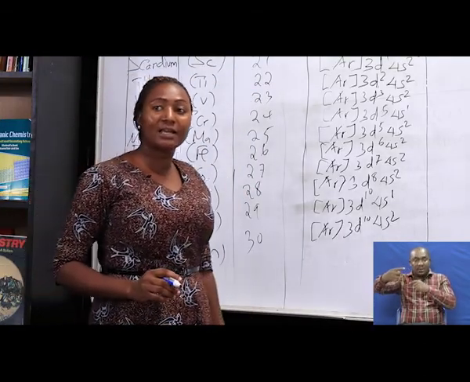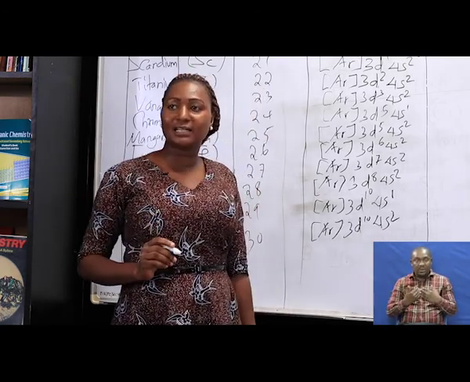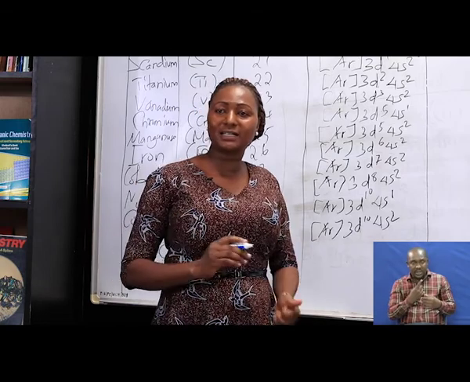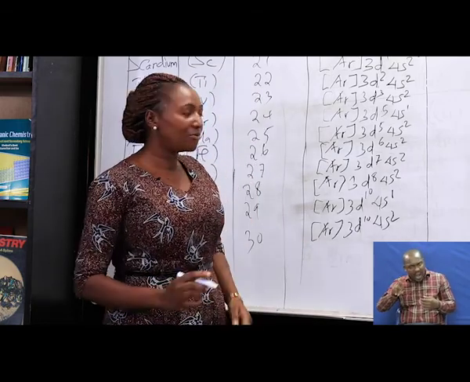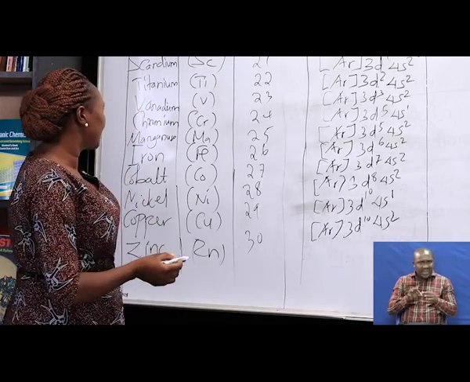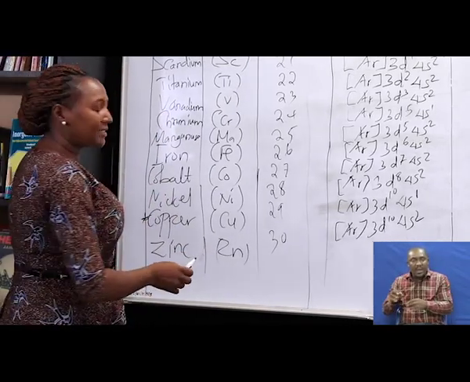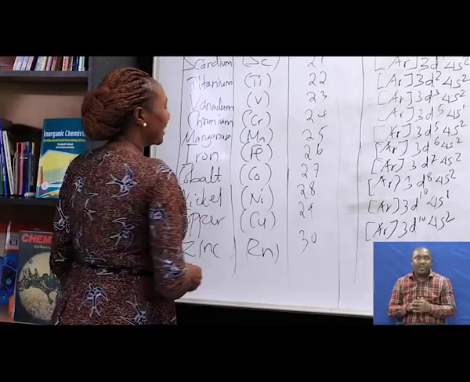When we refer to our question, the question says: are zinc and copper transition elements? We can see the placement of zinc and copper here. Here is copper, and zinc is here.